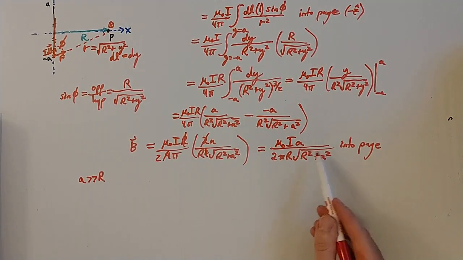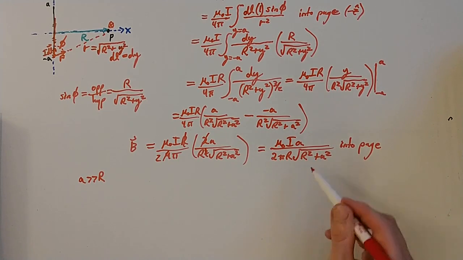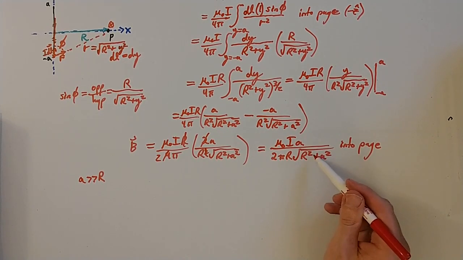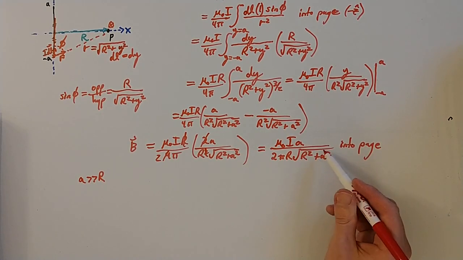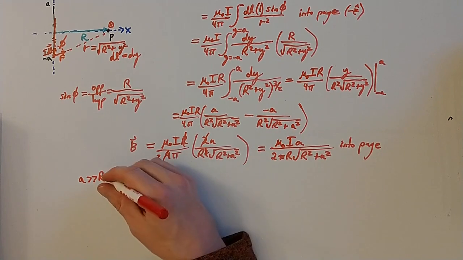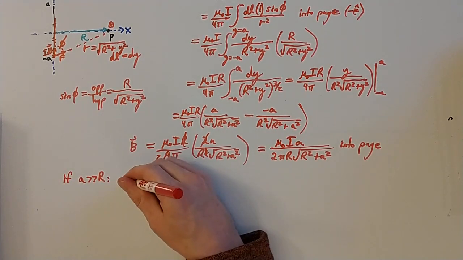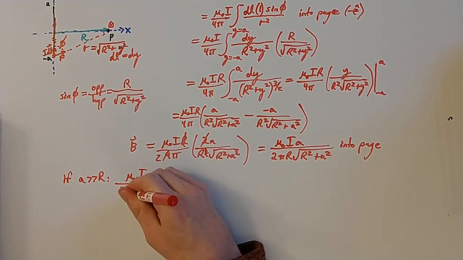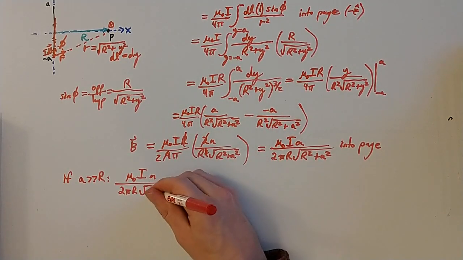Well, if A is much bigger than R, then this square root essentially just becomes A, right? This just becomes the square root of A squared plus some number that becomes negligible. And so this is just the square root of A squared, which is just A. So then our expression, if A is much, much bigger than R, becomes mu naught IA over 2 pi R times the square root of essentially A squared.